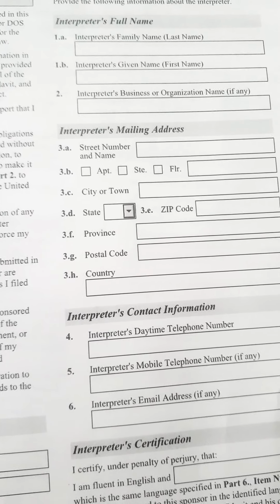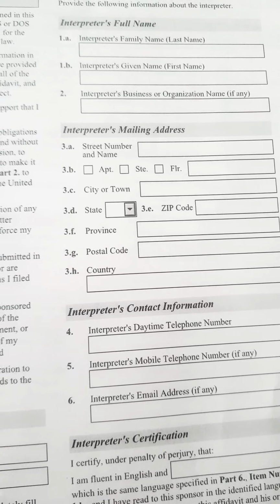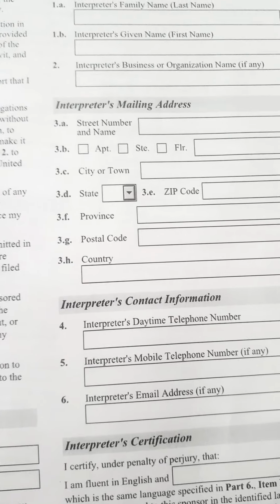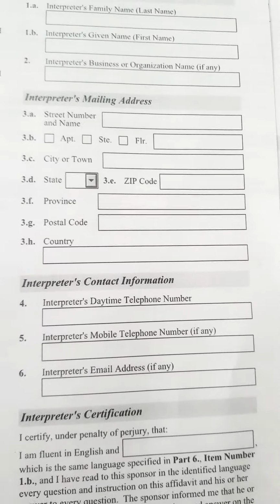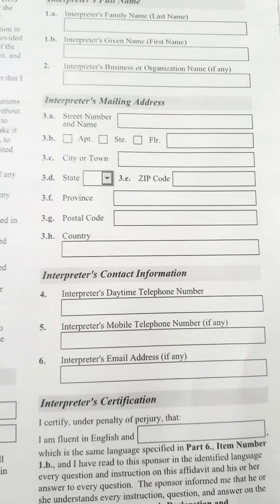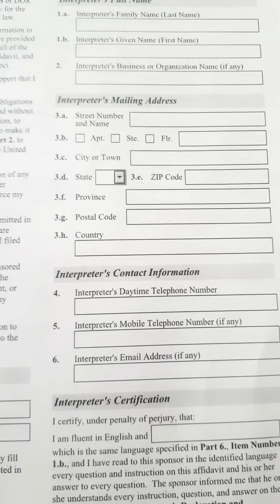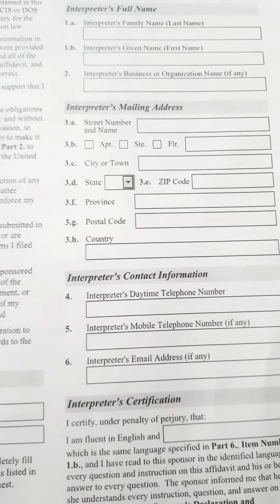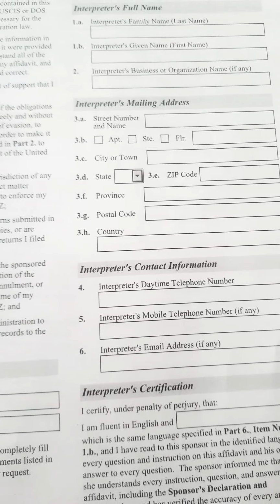And number 2, you have to put in the interpreter business or organization name, if any. So interpreter mailing address, they need the address of the person who interpreted this form for you. So you have to fill it up 3A to 3H.